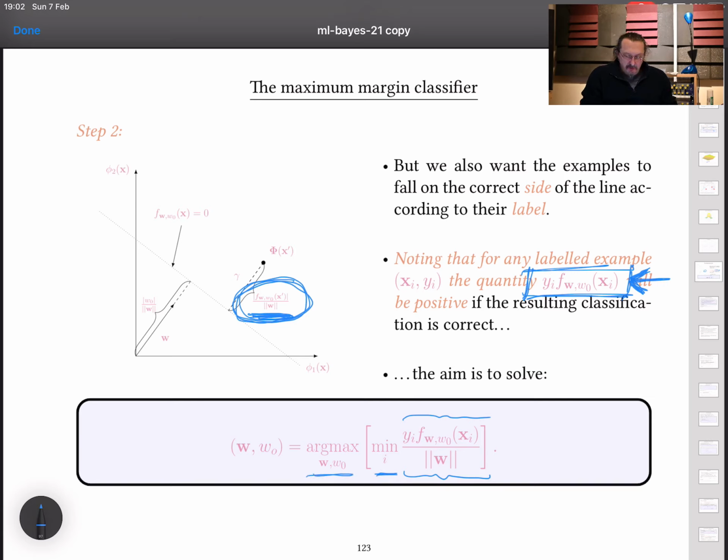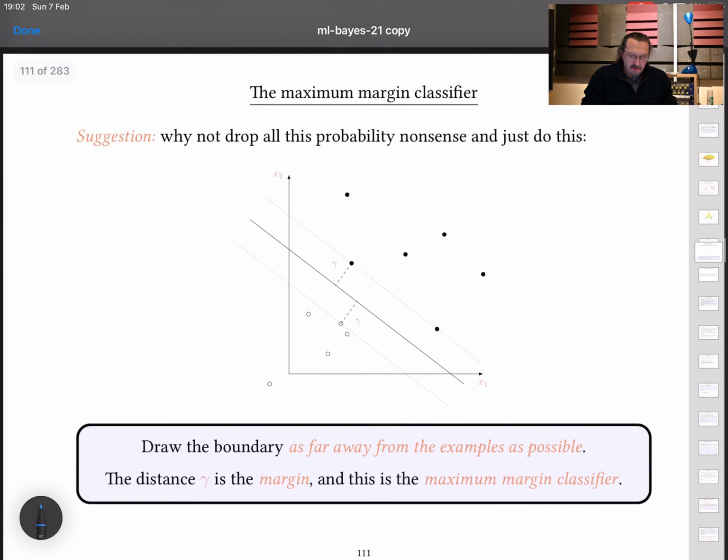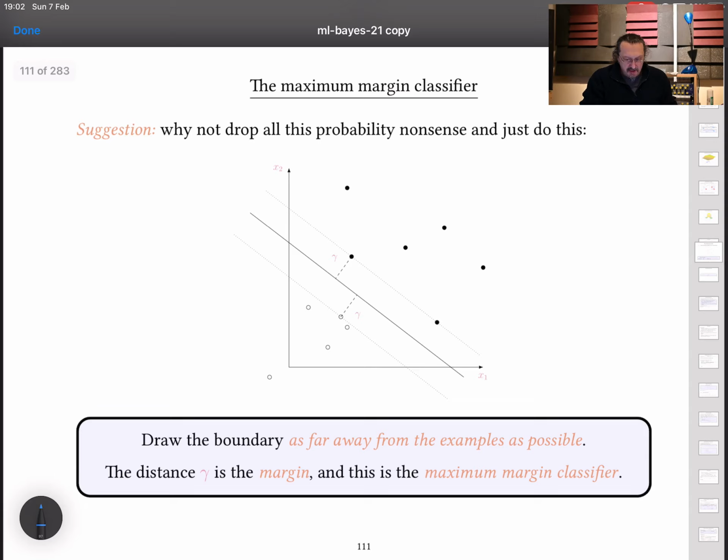The minimum with respect to i here is telling us how close the closest training example is to the decision boundary, and we're trying to maximize that distance. If you look back to the earlier slide, we are trying to maximize the smallest distance gamma over the whole training set, and that's exactly what's just been written down.